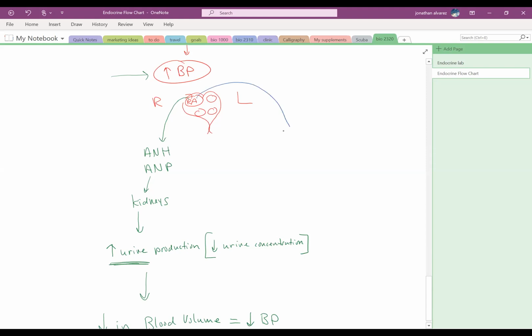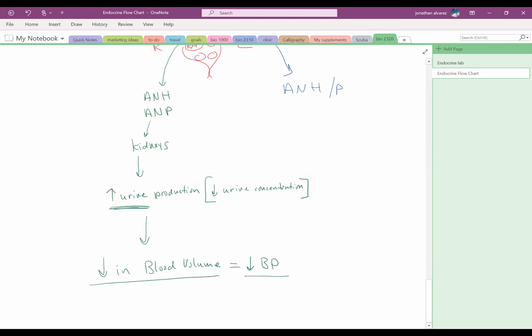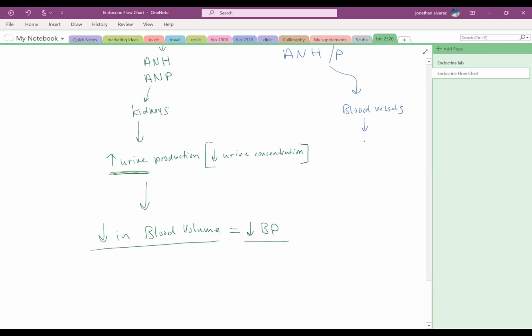So when the atrial natriuretic hormone or peptide is released, it will go to the blood vessels. It causes them to relax, which means they go from small to large.